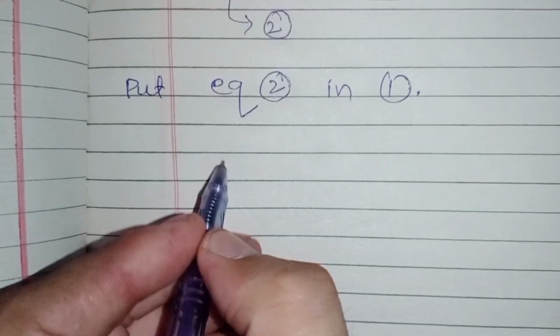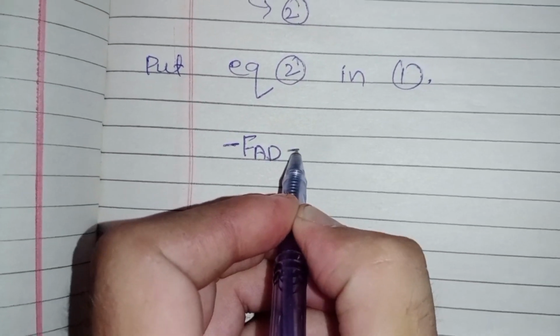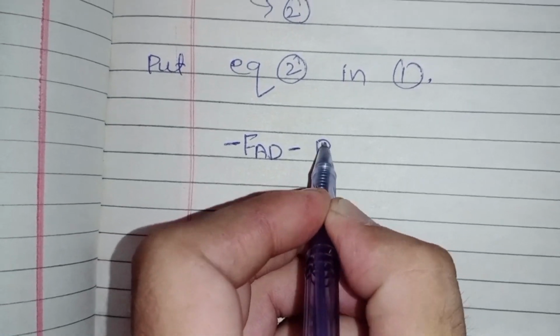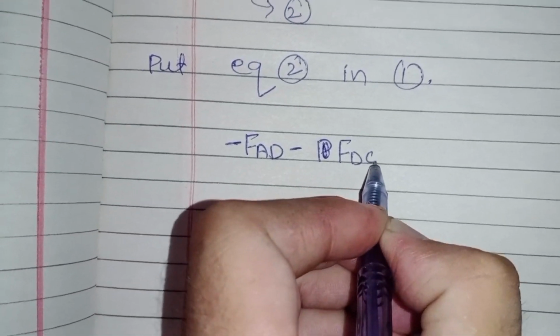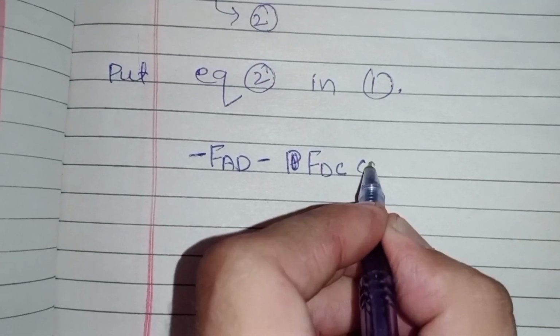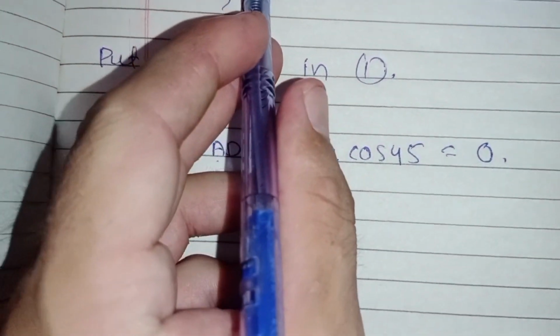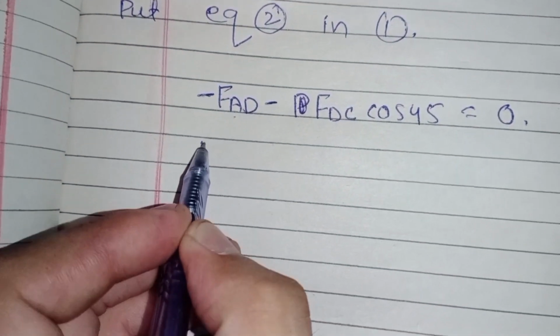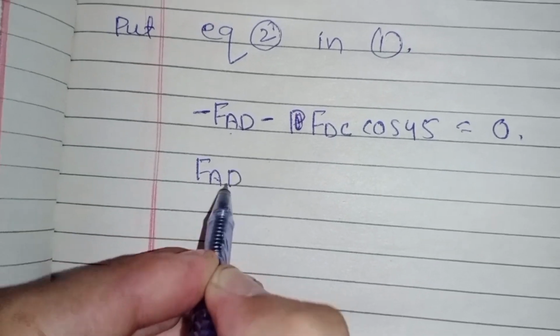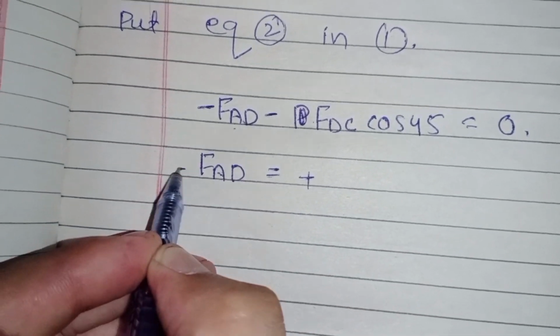So minus FAD minus FDC cos 45 equal to 0, and I rearrange this.